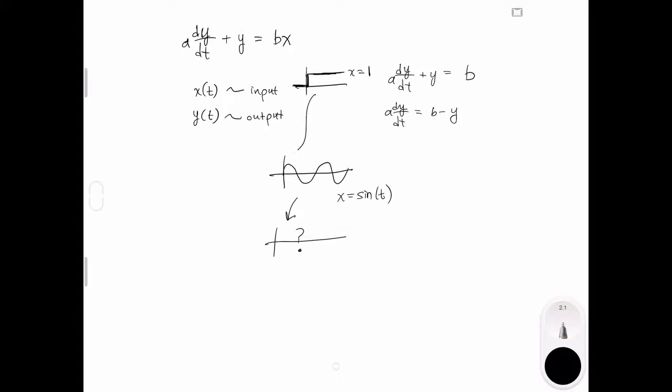So we would use the model equation a dy/dt plus y is equal to b sine of t, and as you'll notice, this is not separable. We can't use the previous methods discussed, and so you would have to use Laplace transforms to solve this.